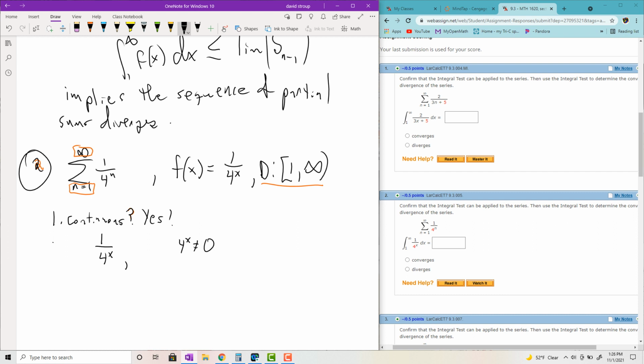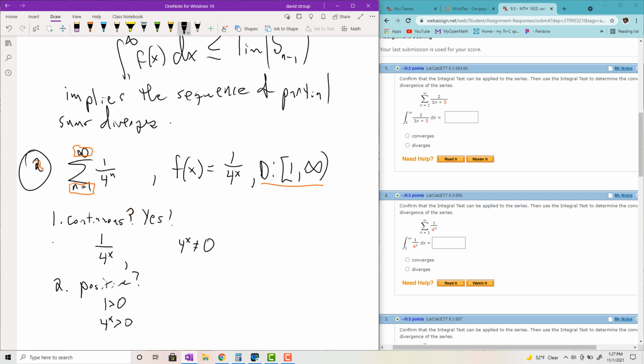Secondly, then, is it positive on this interval? It's positive everywhere. The numerator is 1, so we note that 1 is greater than 0, and 4 to the x is also greater than 0. So what you have is a positive over a positive, so that will definitely be positive.